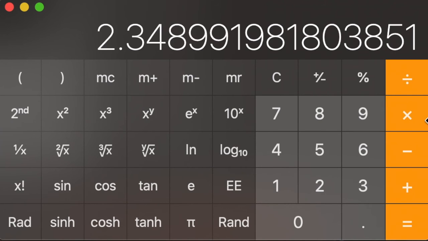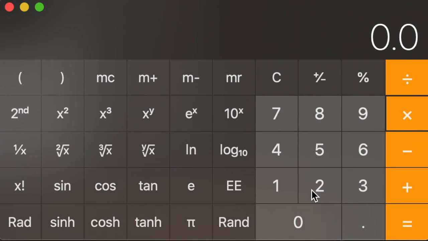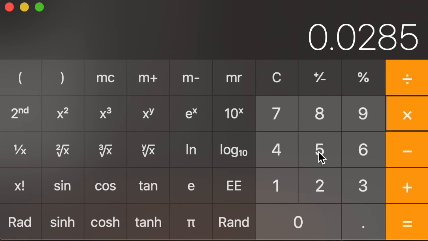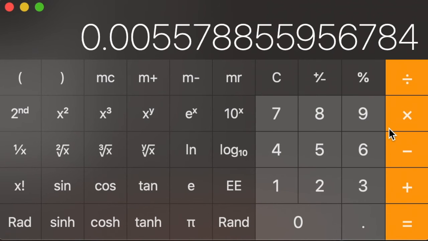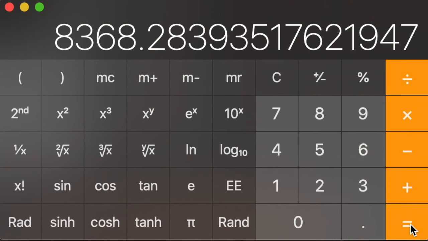Then we take that amount and multiply it by 0.0285 divided by 12, and then multiply that amount by 1.5 million. And that's our numerator.